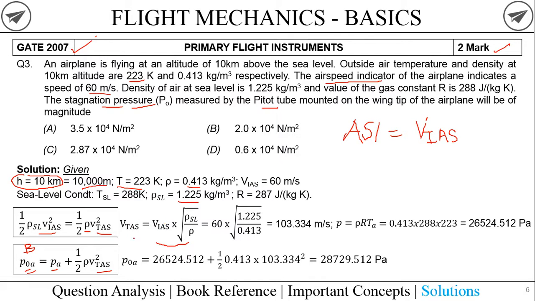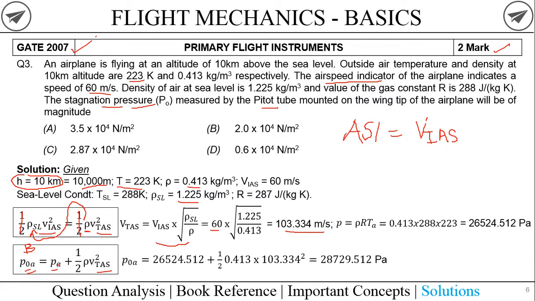So here we'll be obtaining this kind of equation as half and half get cancelled out, and other terms are rearranged. Now substituting in the values, as we know the V IAS is 60 and density at sea level, we will be obtaining the true airspeed as 103.334 meter per second.